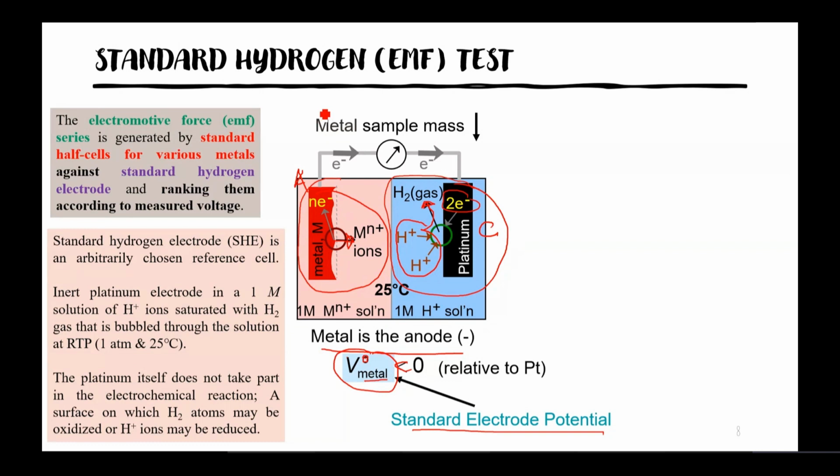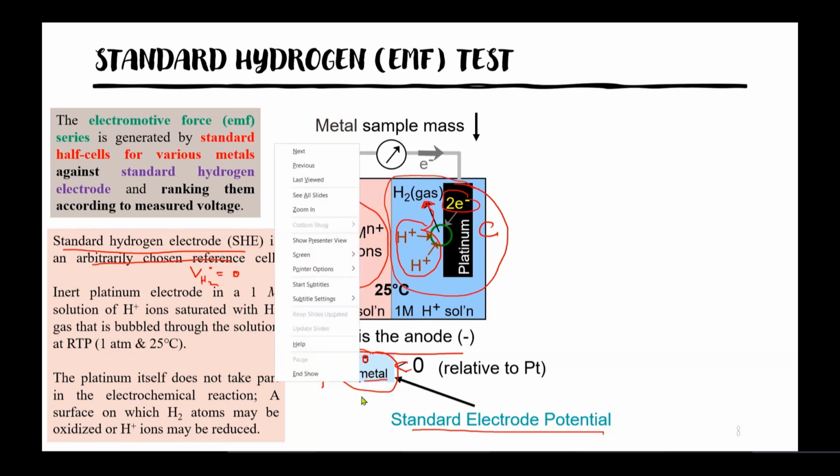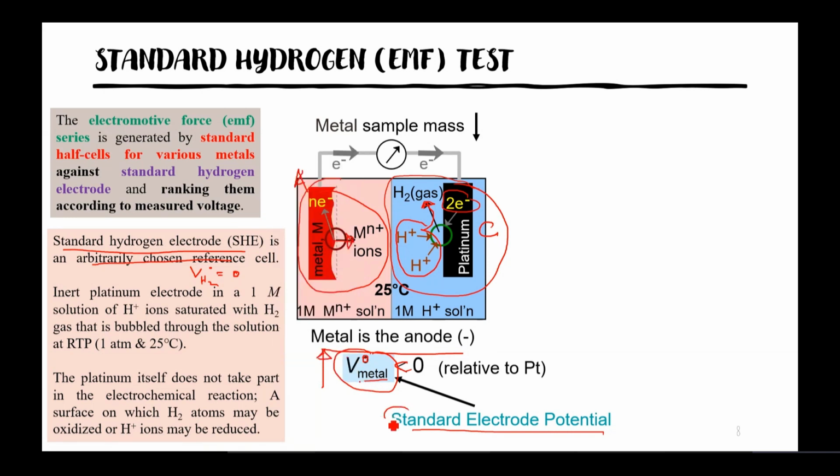You assume that the standard hydrogen electrode, arbitrarily chosen, has a potential of 0. In this case, where the metal becomes the anode, the potential of the metal would be less than the standard hydrogen electrode.